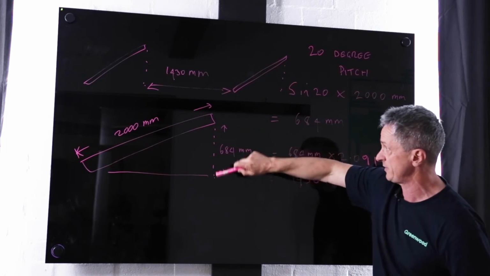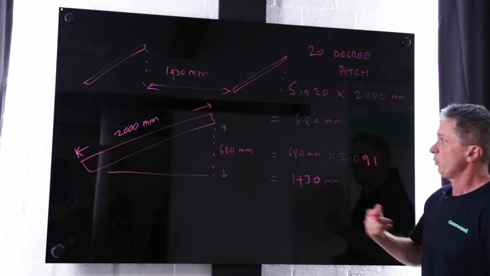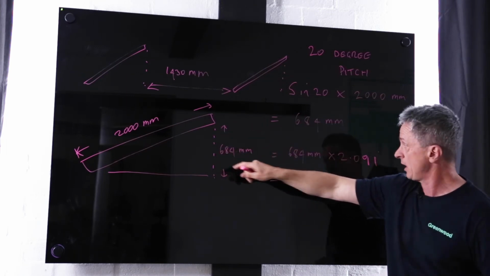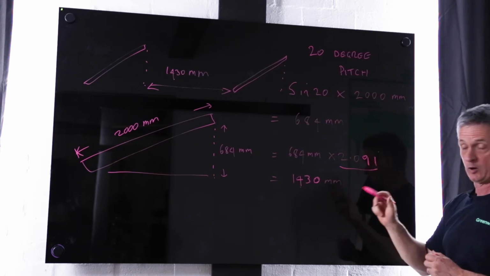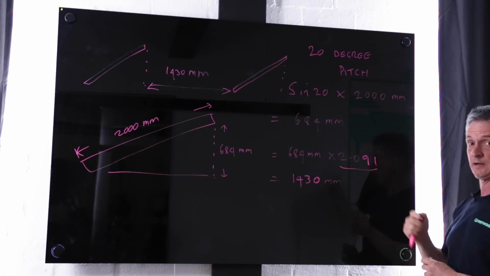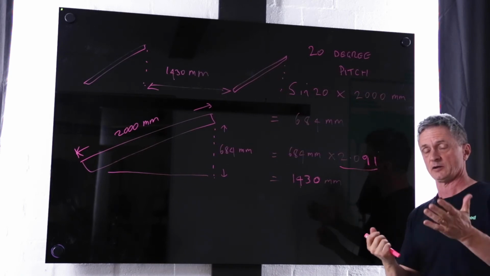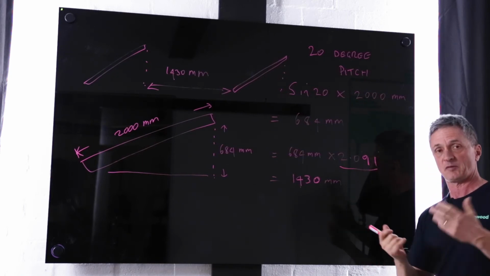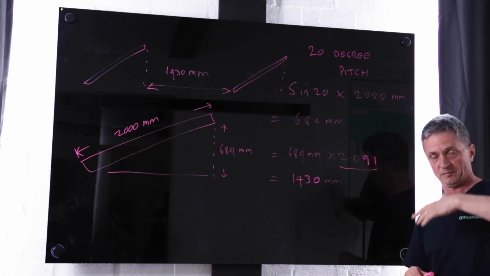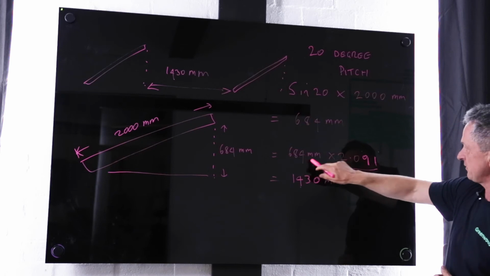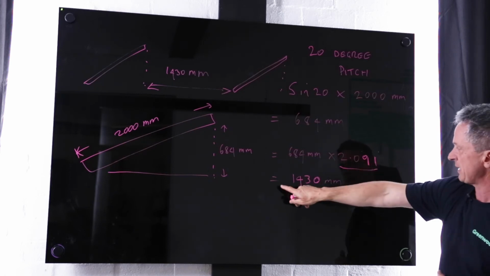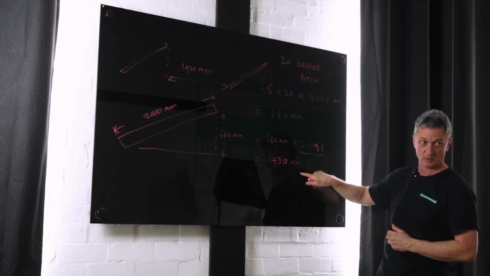It's going to be the same fixed distance. We take this figure and multiply it by this figure over here, and for Melbourne, 2.091. Remember, that's the azimuth altitude ratio that comes from the CEC table for all these main locations around Australia. These two figures multiply together and become 1,430 mil.